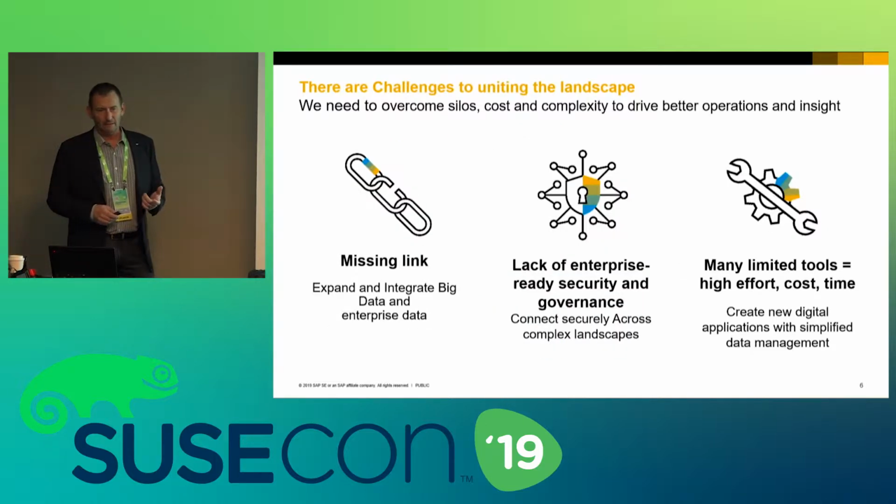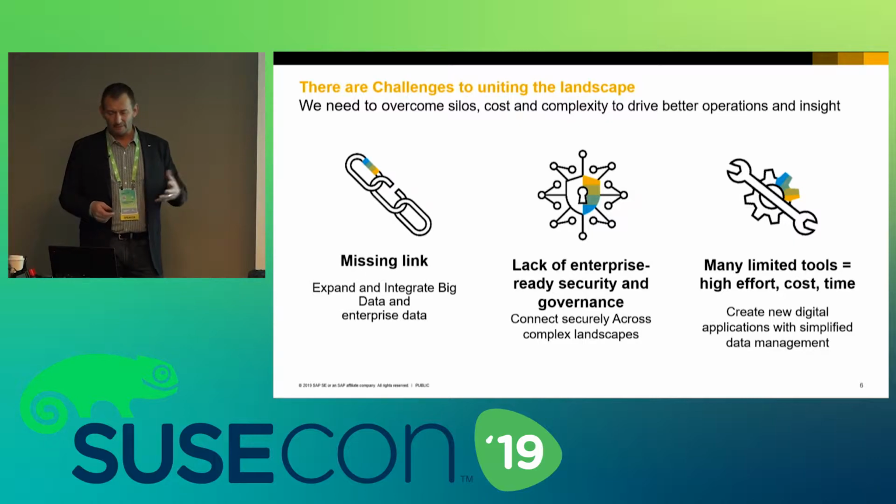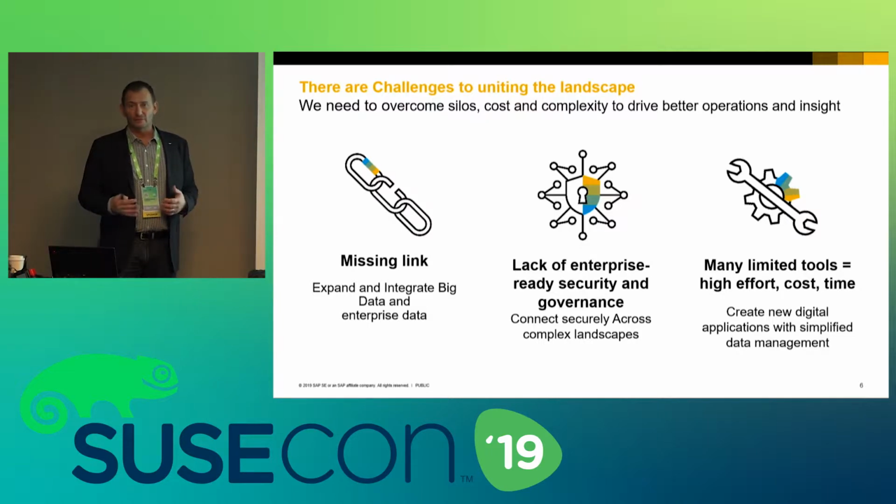So trying to categorize all these challenges in simple, understandable buckets, there are three areas that we've identified. It's the missing link between enterprise and big data. It's the lack of security and governance.